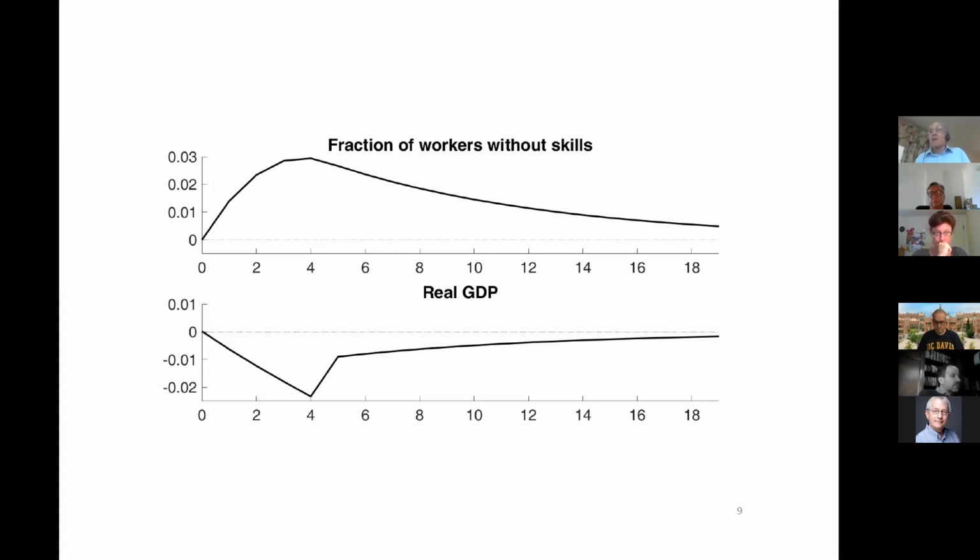Everybody's back to steady state parameters, but we don't get back to the steady state level in period 5. The reason is that we have this surplus of unskilled. They are gradually going to go back into the process of trying to develop a skill. That's gradually going to bring real GDP back up. And so that's the nature of what the dynamic response looks like for that example.